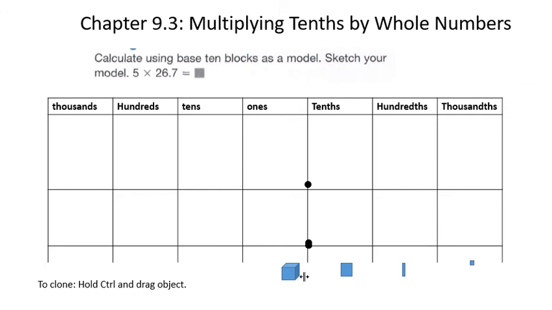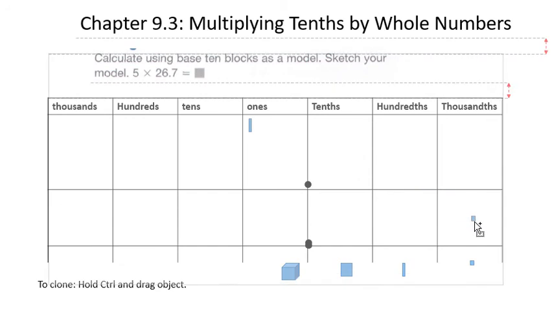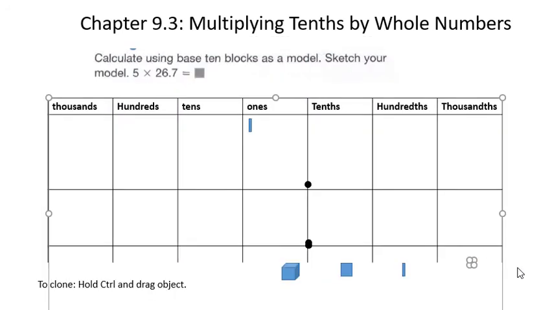We could make any of these our 1s. However, for the sake of making life a little bit easier for everybody, I am going to make my strip here a 1. And that means to make my tenths, it would be this one. This is my tenths.